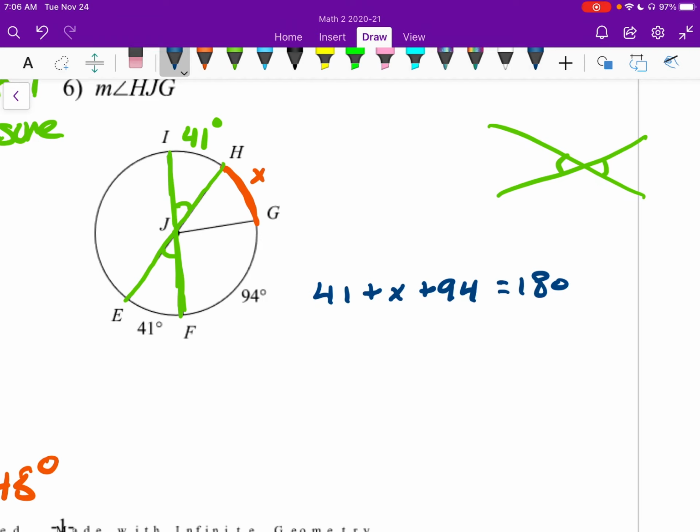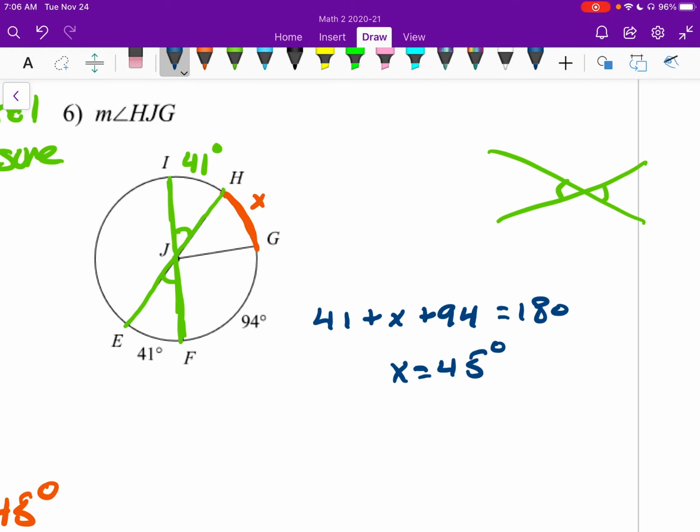So now I can solve that, and I think I get 45 again. 180 minus 94 minus 41 gives me 45. And that's just a pure coincidence that both of these problems had 45 as an answer. There's nothing special about 45. So if I put it back in their words, measure of angle HJG is 45 degrees.